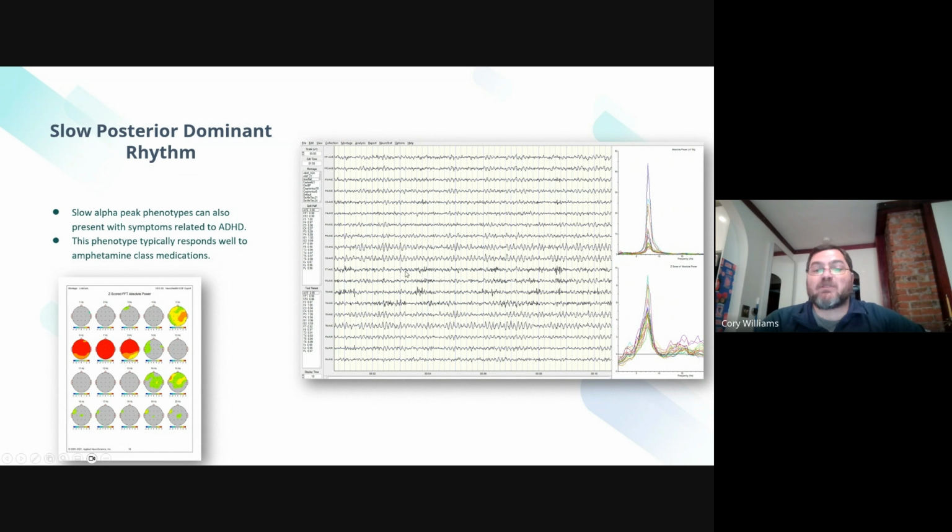So if you see somebody who's got a peak alpha frequency of 7 hertz, but they're only 6 or 7 years old, I wouldn't necessarily call that a slow alpha. If you see somebody who's 18 and they have a 7 hertz alpha, then I would say that that's slow, right? So keep in mind that there is an age-appropriate piece to this one as well.